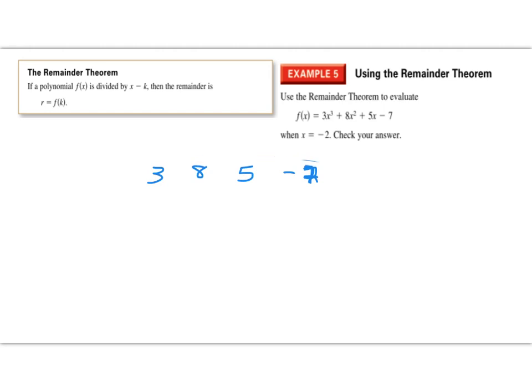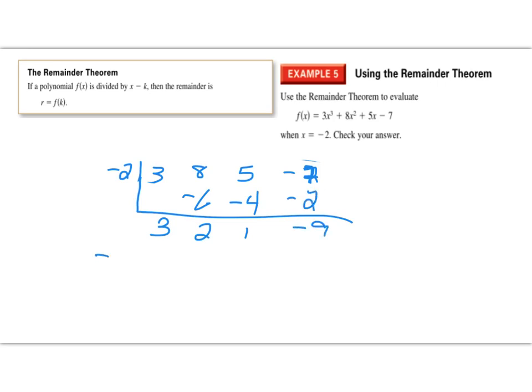Let me erase that. There we go. Okay. I always do the other way. So this is -2, and again, I did it again. All right. Now drop -6, which is 2, -4, which is 1, -2, which is -9. That means f at -2 is equal to -9.